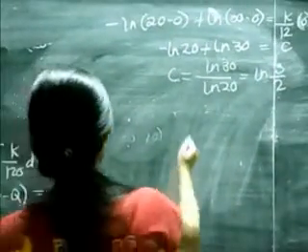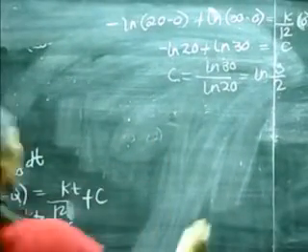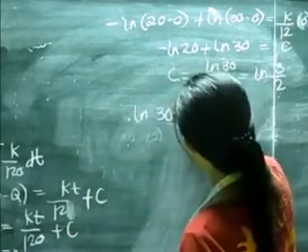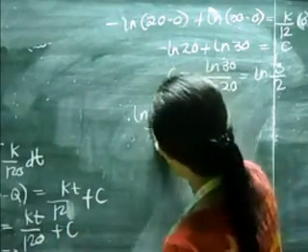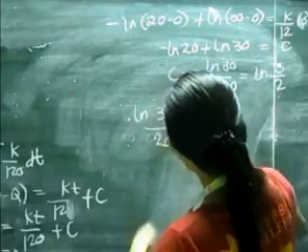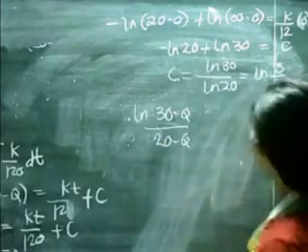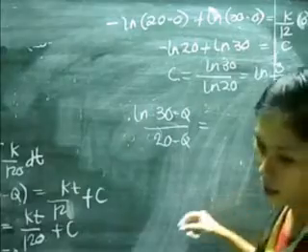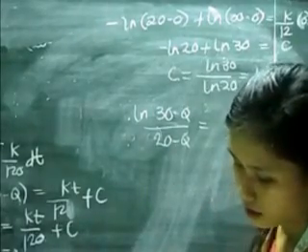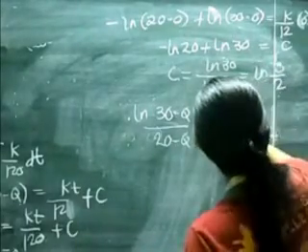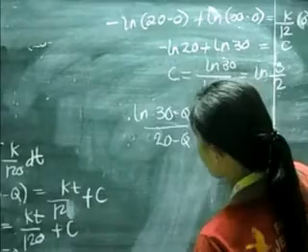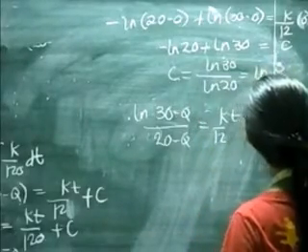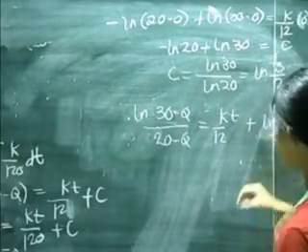So, back to the general equation, we have ln of 30 minus Q over 20 minus Q is equal to kt over 120 plus c, which is equal to ln of 3 over 2.